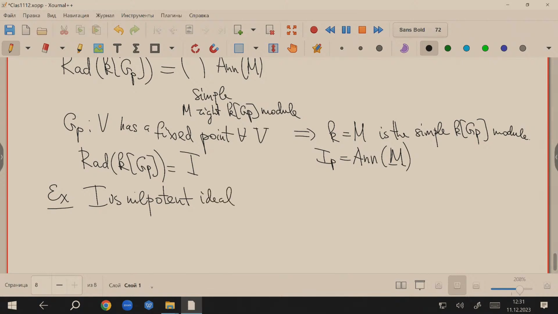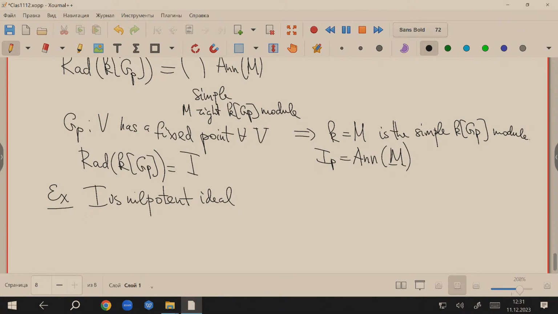Yeah, so there are a few notions of nilpotent ideals. In non-commutative algebra, for example, you can ask about the property that an ideal consists of nilpotent elements, meaning that any element of this ideal is nilpotent.